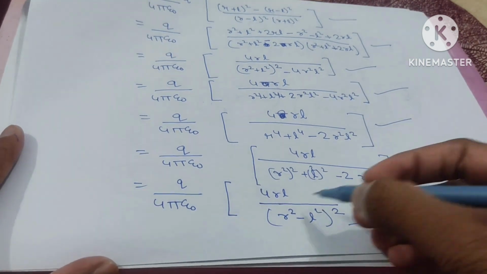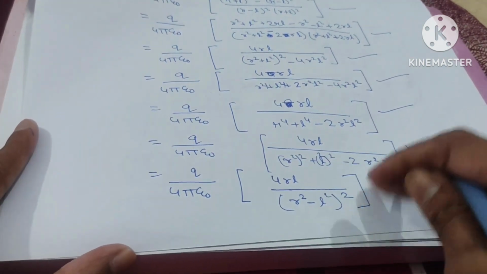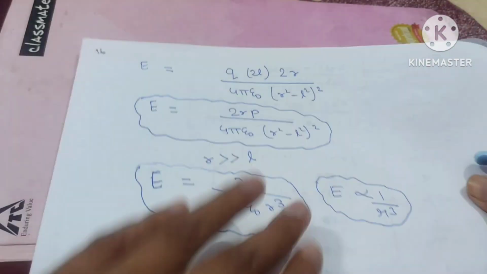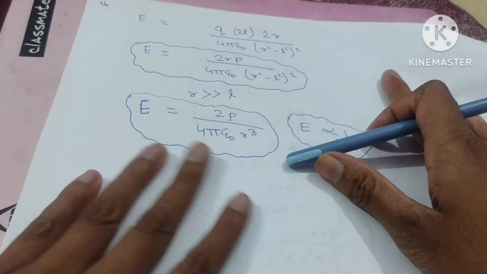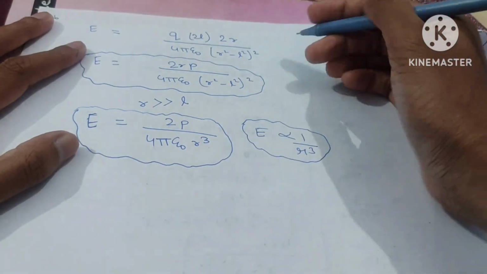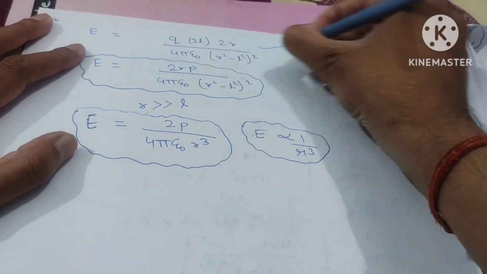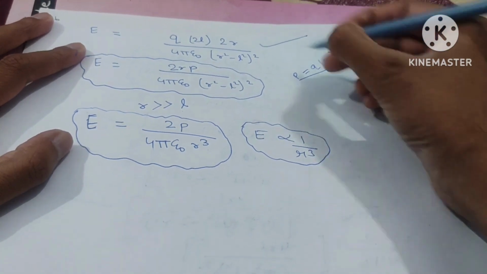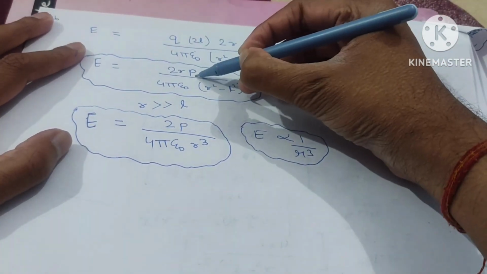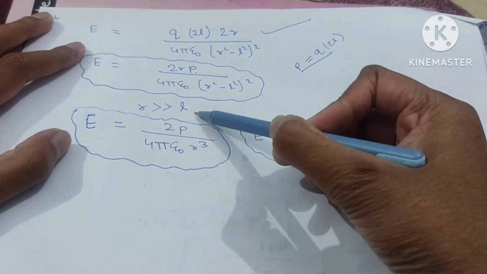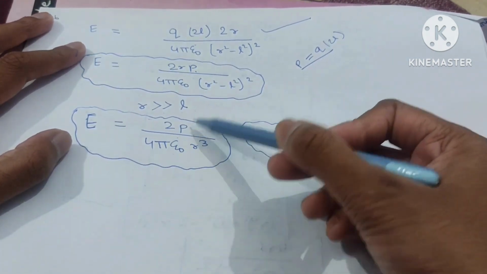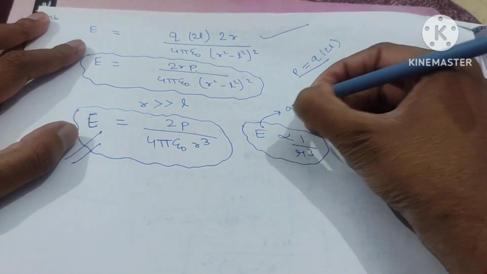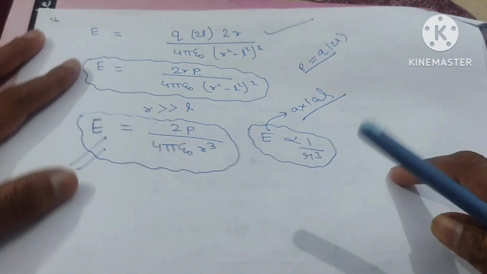After you solve it, you will get this, and after that you should move to this, and you will get this answer. P is equal to what? Q into 2l is the dipole moment P. So that's why we put P here, and if r is much greater than l, it would become this. This is E axial. That's it.